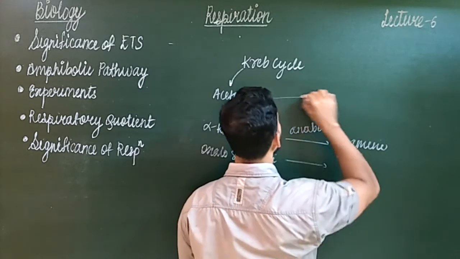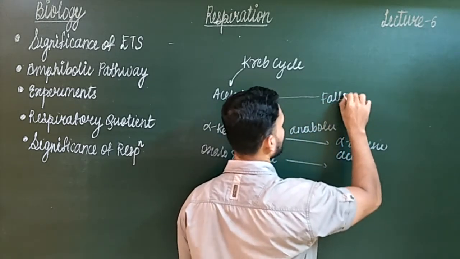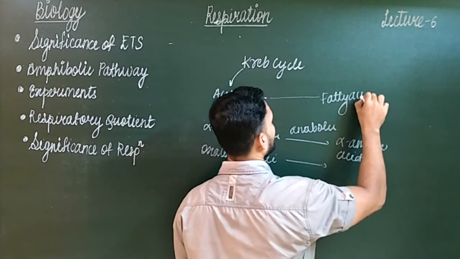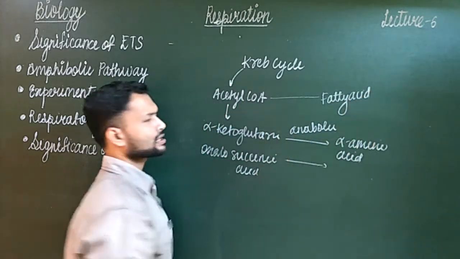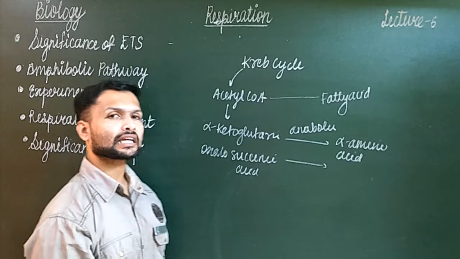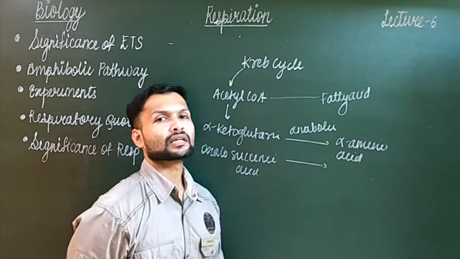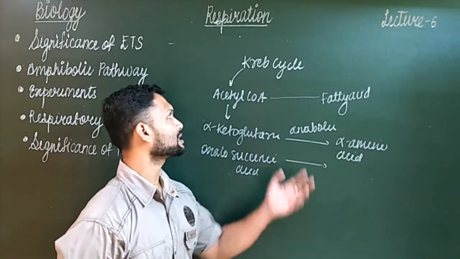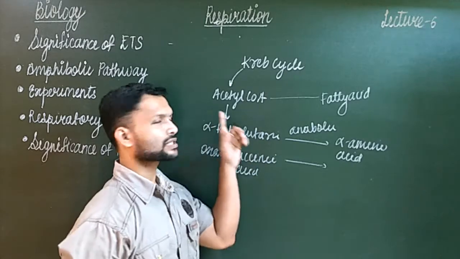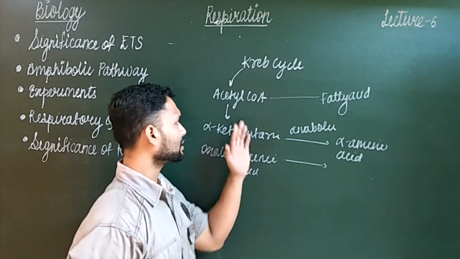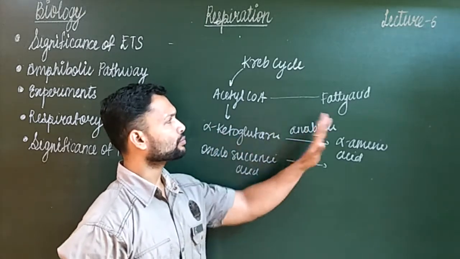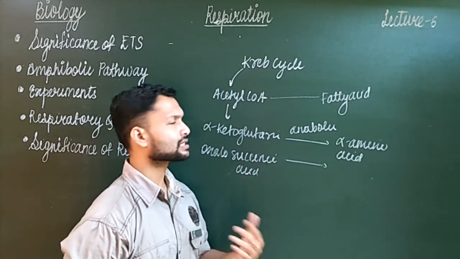They can be used to make fatty acids. So technically, from these substituents formed in the Krebs cycle, we can synthesize new products also. Technically the Krebs cycle is a catabolic process, but these compounds can also be used to prepare amino acids and all that stuff.